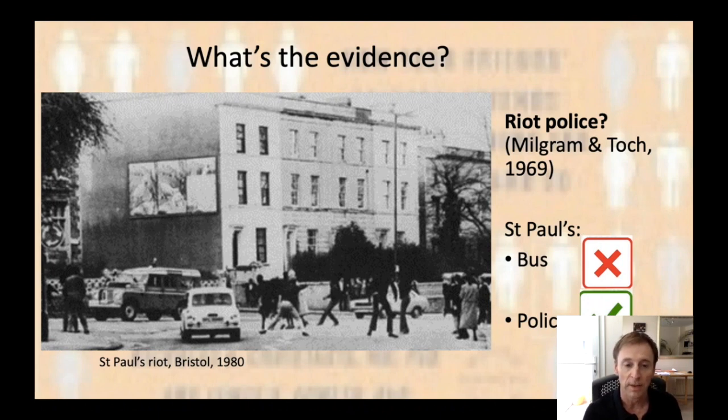One is from Milgram and Toch, who pointed out that there seems to be a contradiction between the idea of contagion, that any ideas spread through the crowd, and the observation that in many riots you see a crowd demagogue who uses rhetoric to influence the crowd to behave in a particular way, but that doesn't spread to the riot police, who are also present in the same crowd. They don't seem to be influenced.